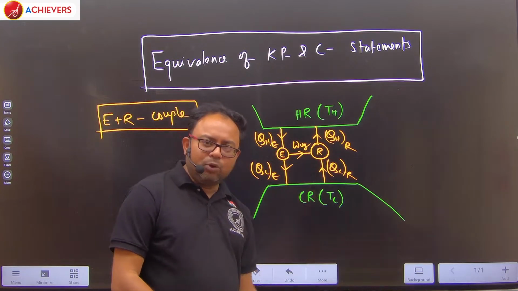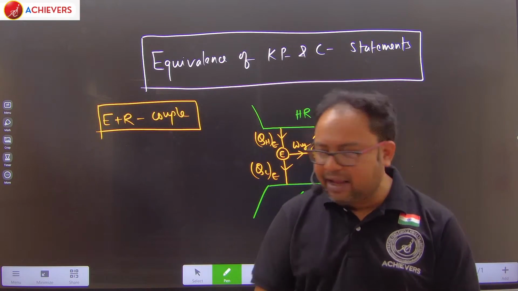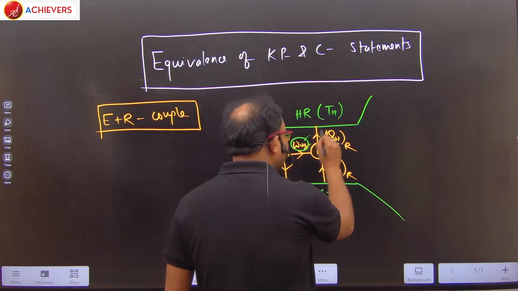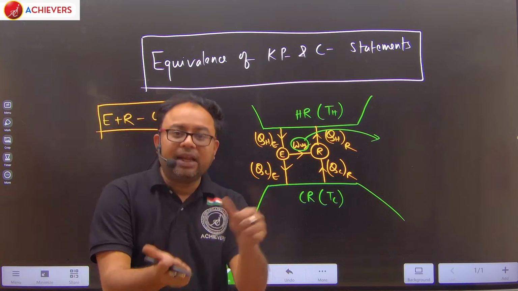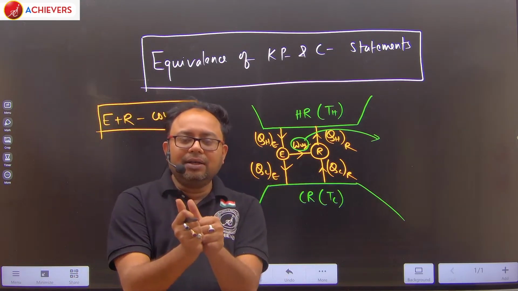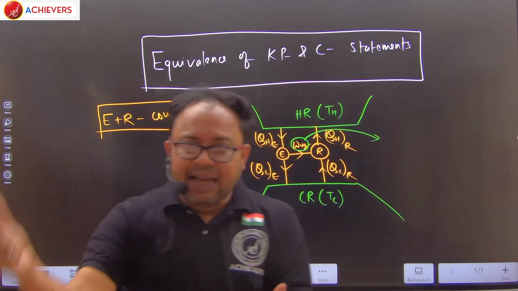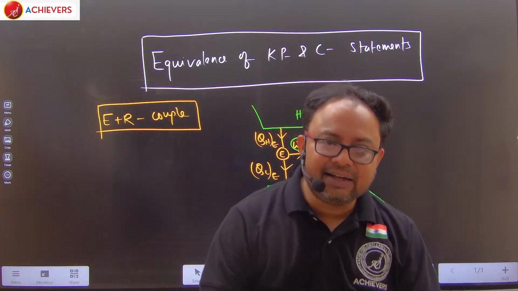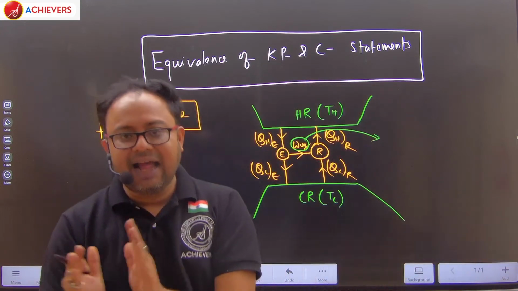In case of W cyclic, I am not putting any suffix E or R. Why? Because the work done by the engine is being utilized by the refrigerator. In that way, they are being coupled. The work done by the engine E is being utilized by the refrigerator R, and in that way they are connected. So this W cyclic is same for both the engine and the refrigerator.